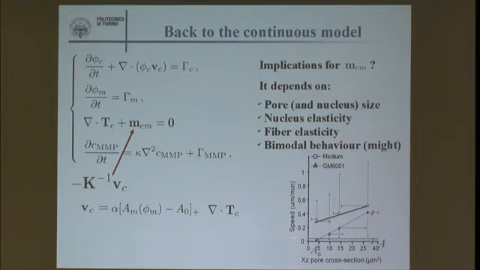Otherwise, it's 0. This is the basic feature, the positive part. If A_M, the pore size of the network, is smaller than A0, I don't have any flow. If it is larger, then I have some relative flow, and the cell can move into the extracellular network.